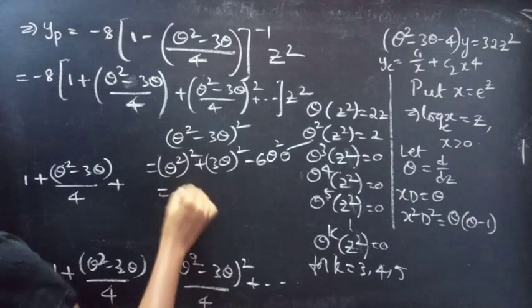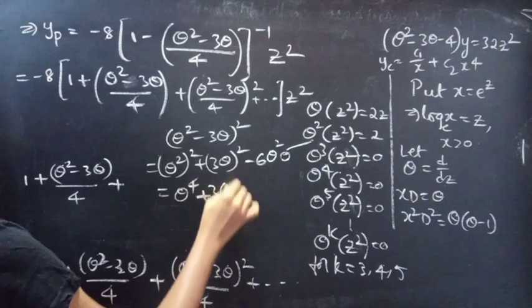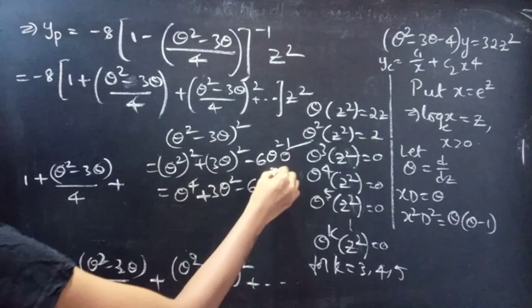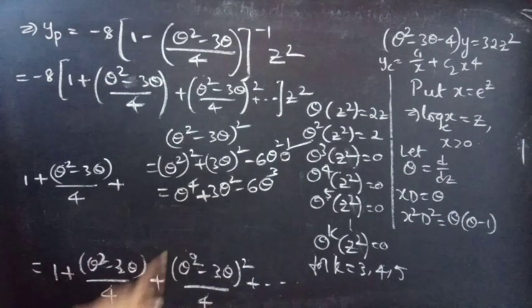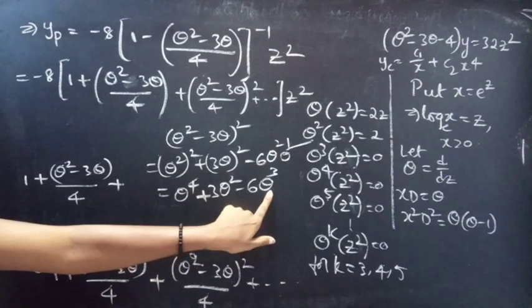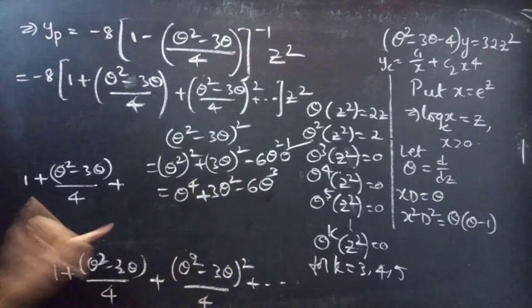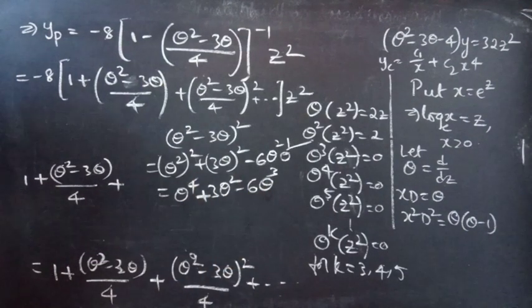Right? This is equal to theta power 4 plus 9 theta square minus 6 theta cube. So we have theta power 4 and theta cube, which are higher derivatives. So we can neglect theta power 4 and theta cube later.